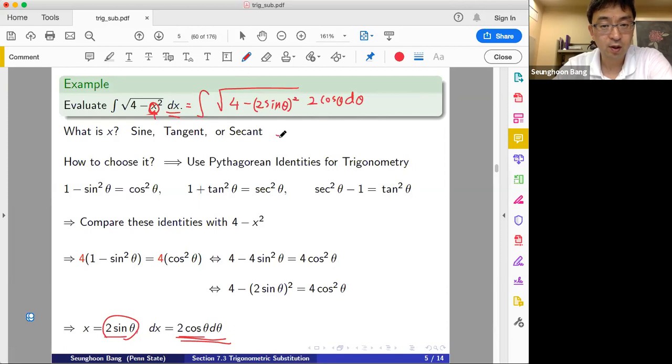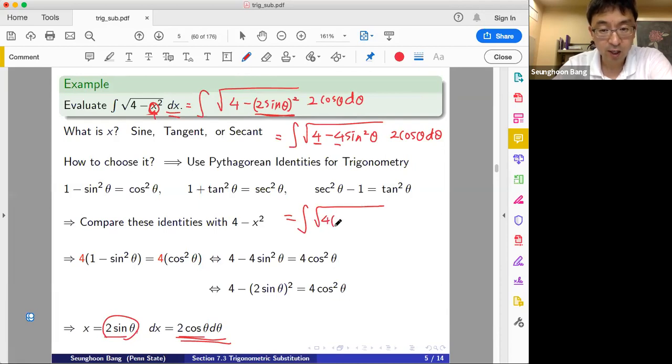So next, the integral of square root of 4 minus 2 sine theta square, which is 4 sine square, times 2 cosine theta d theta. You just factor out 4: the square root of 4 times 1 minus sine square, times 2 cosine theta d theta.